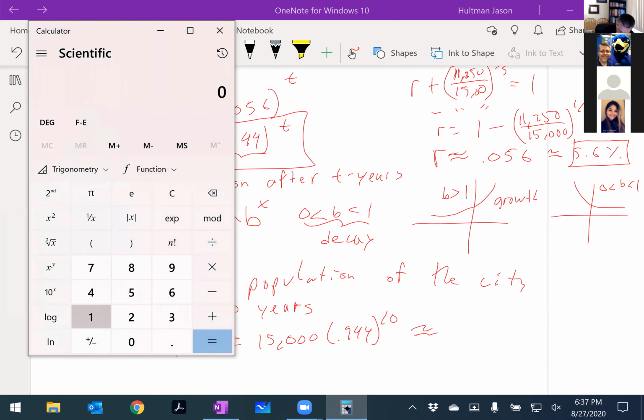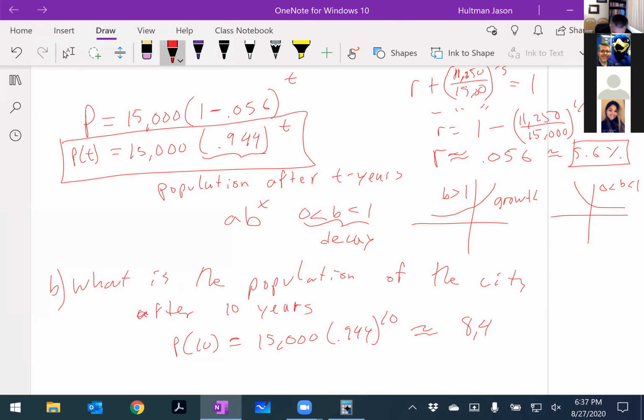Okay, 15 grand times 0.944 raised to the 10th power. Boom. So that's about 8,429. I'm just going to round. I'm going to say it's about 8,430 people still left in the city after 10 years. So it went down almost half. Half the people left after 10 years.